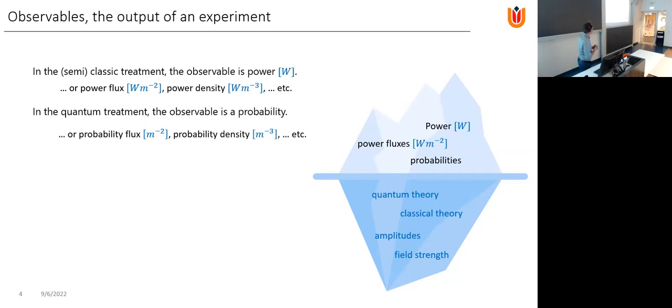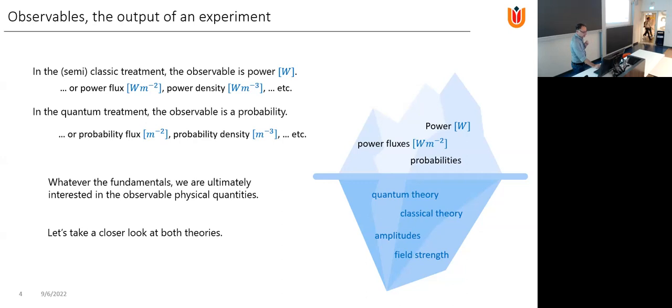That is what the observable is. And in the quantum treatment, the observable, or the outcome, is a probability, the probability of something happening. So that could also be the probability flux, so the probability of something happening per unit area, or per unit volume. It's a little bit mind-boggling, but these are the things that we're ultimately interested in.